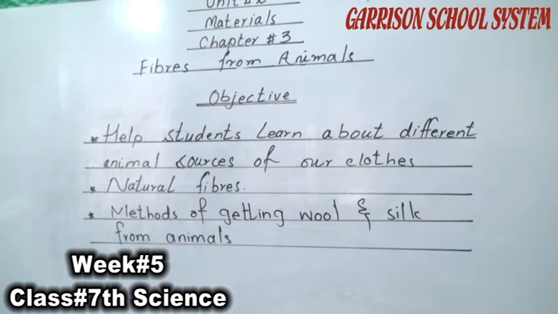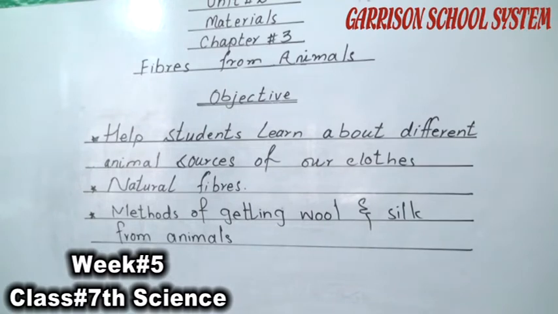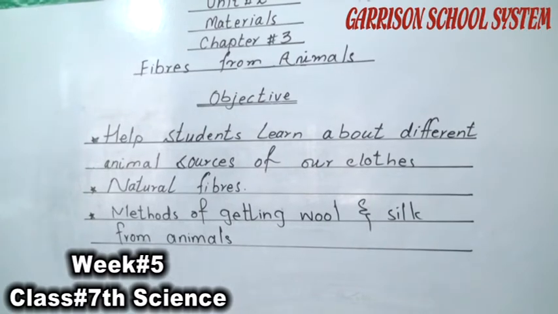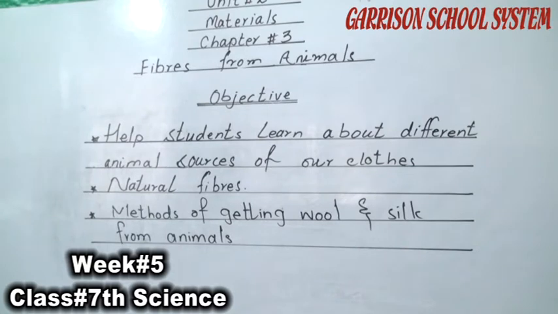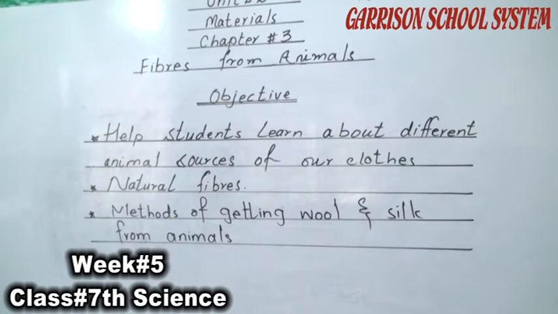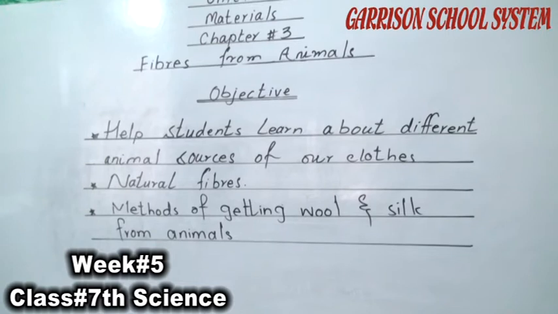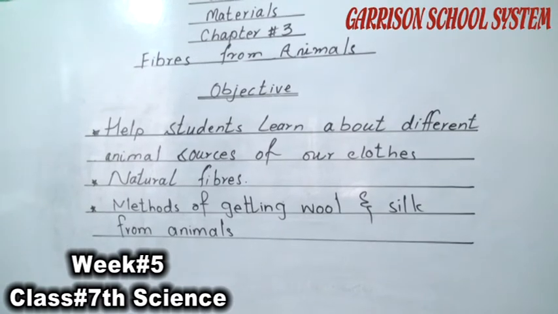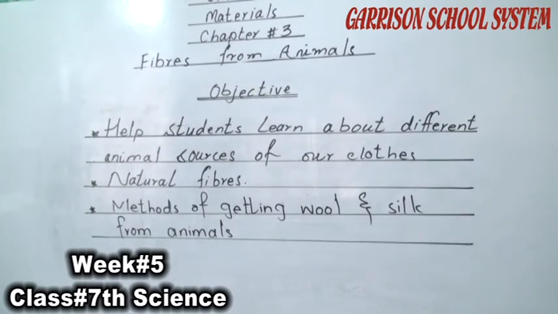No. There is a proper method of making clothes, and the first thing we discuss before making the cloth is the fiber. Fiber, we can say, is the unit of making clothes. What is fiber?